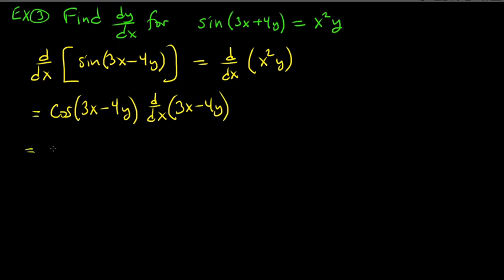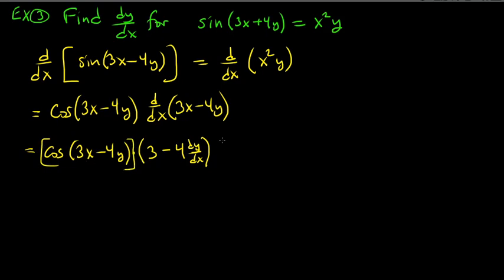So we can leave the cosine of 3x minus 4y alone, and then the derivative of 3x minus 4y is 3 minus 4 times the derivative of y. The derivative of x is 1, but the derivative of y is the derivative of y. And I think that's it. I'll leave it like that. Remember, you're not taking the cosine of 3 minus 4 times the derivative of y. You're only taking the cosine of the 3x minus 4y.